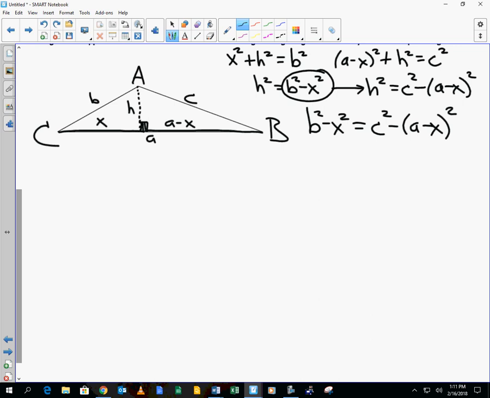Okay. Would be nice to get rid of the x's, wouldn't it? Let's see here. How about I FOIL that out? Minus a squared, good. Plus 2ax minus x squared.